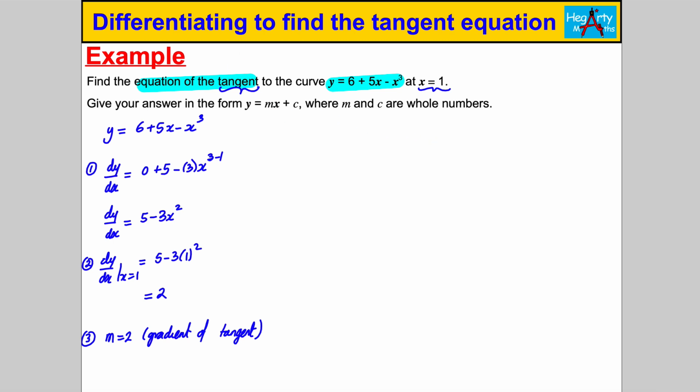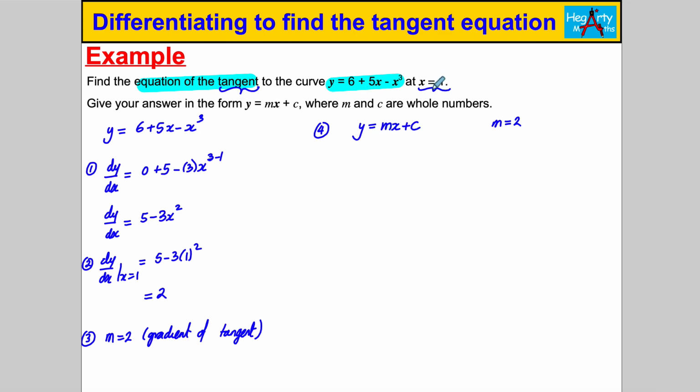Okay, so now let's go over here and say, well, the general equation of the tangent is y is equal to mx plus c, and we know m is 2, do we know an x and a y value that lie on this line?